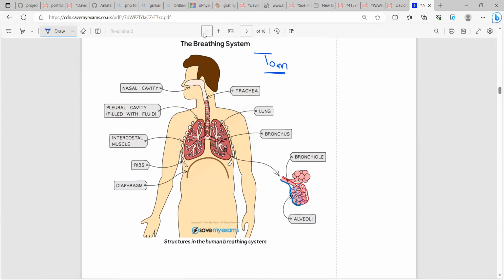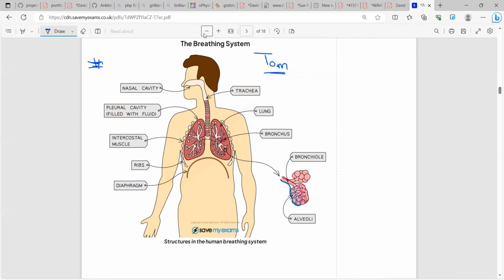So Tom is a human being, and a human being has many different systems. But at this particular time, we're going to look at Tom's respiratory system. So you must be able to label the different parts of the respiratory system because sometimes you'll be asked to do that in an exam.